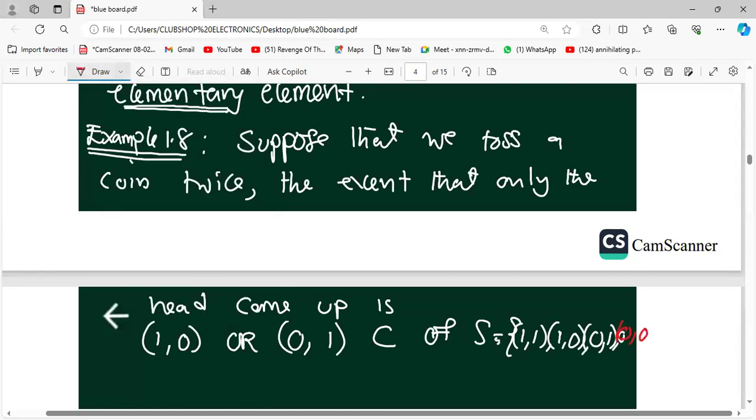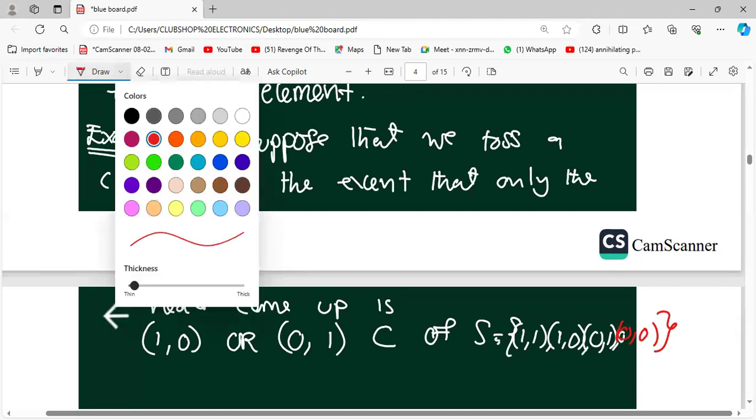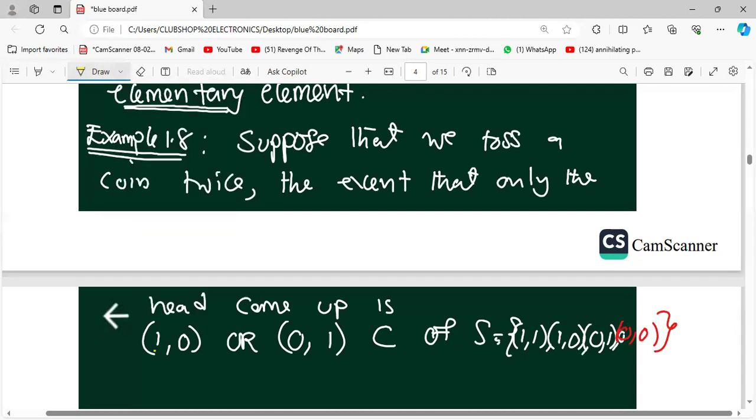Now, what do we mean by 1, 0? Remember we said let head represent 1 and tail represent 0. So if we're interested that only the head comes up, it means in the first toss we have head, tail. We should have one head, meaning that we cannot have head and head.